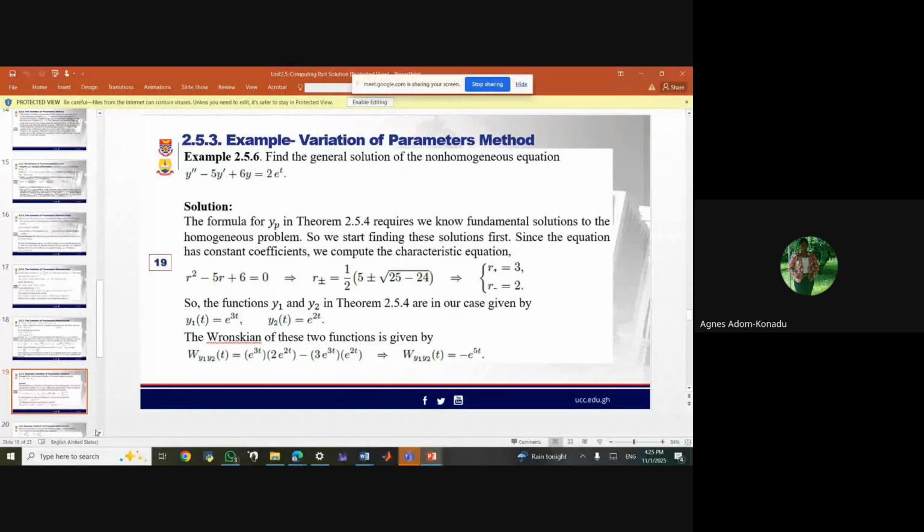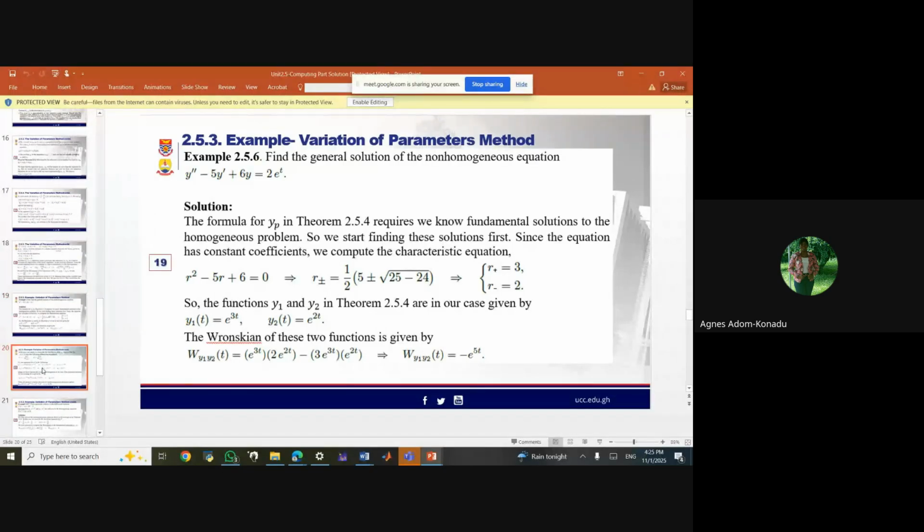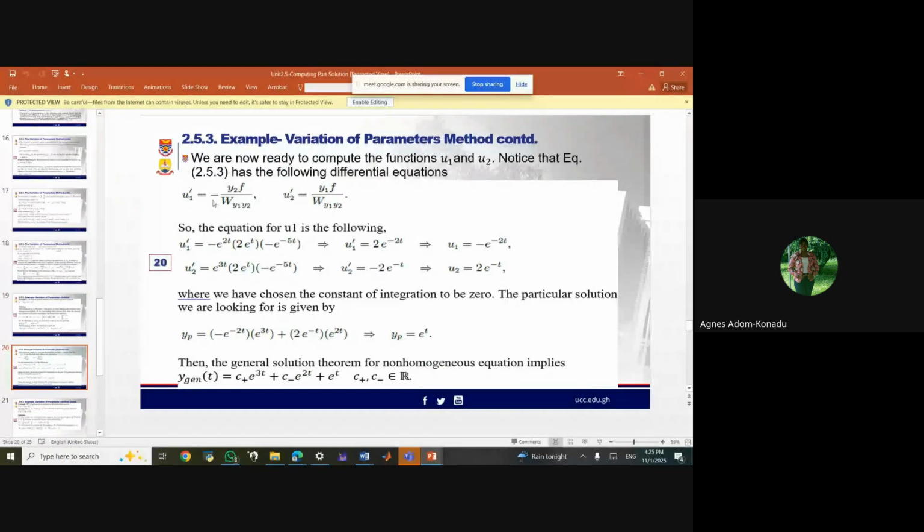So I have to find my u1 and then my u2. My u1 prime is equal to negative y2 f over the Wronskian.